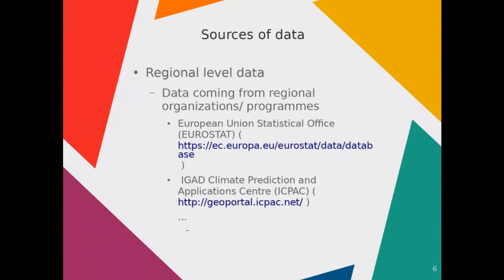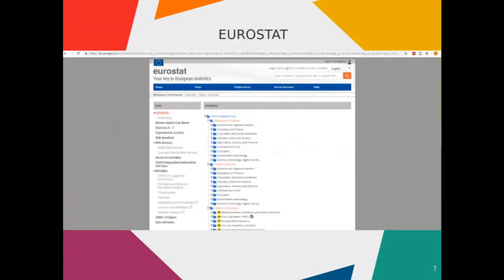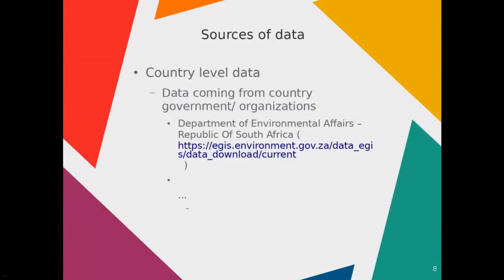There are about 300 spatial data sets there that you can find. The interface is very similar. For example, this is Eurostat. You browse the data by themes, select the table or the data set that you want, and download it. It's also no big problem to display this data on a map.